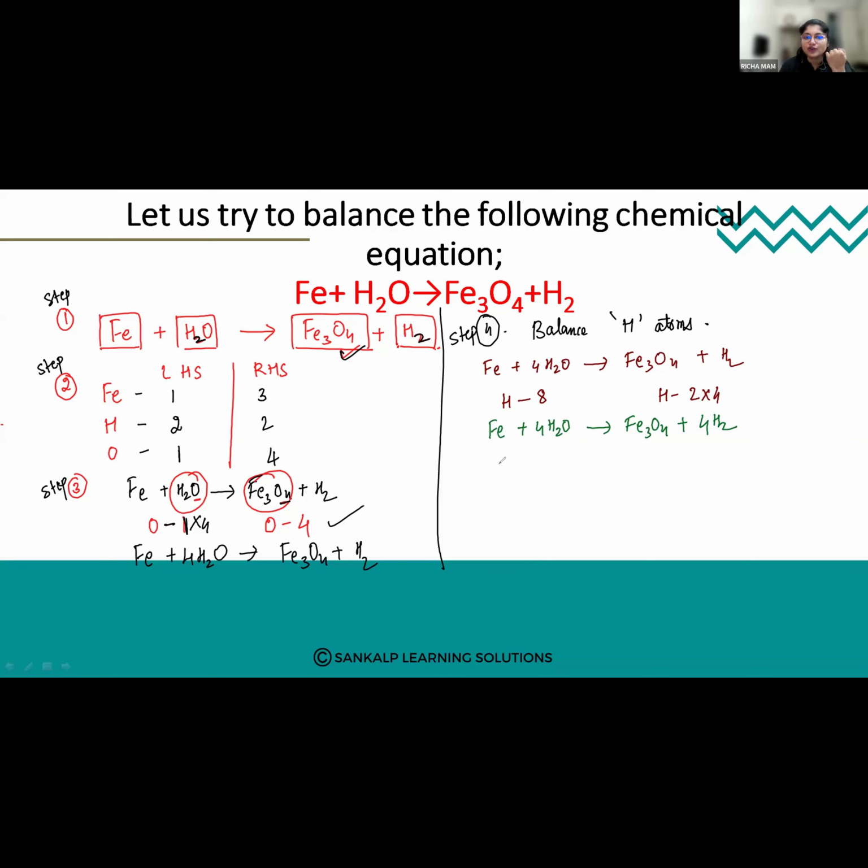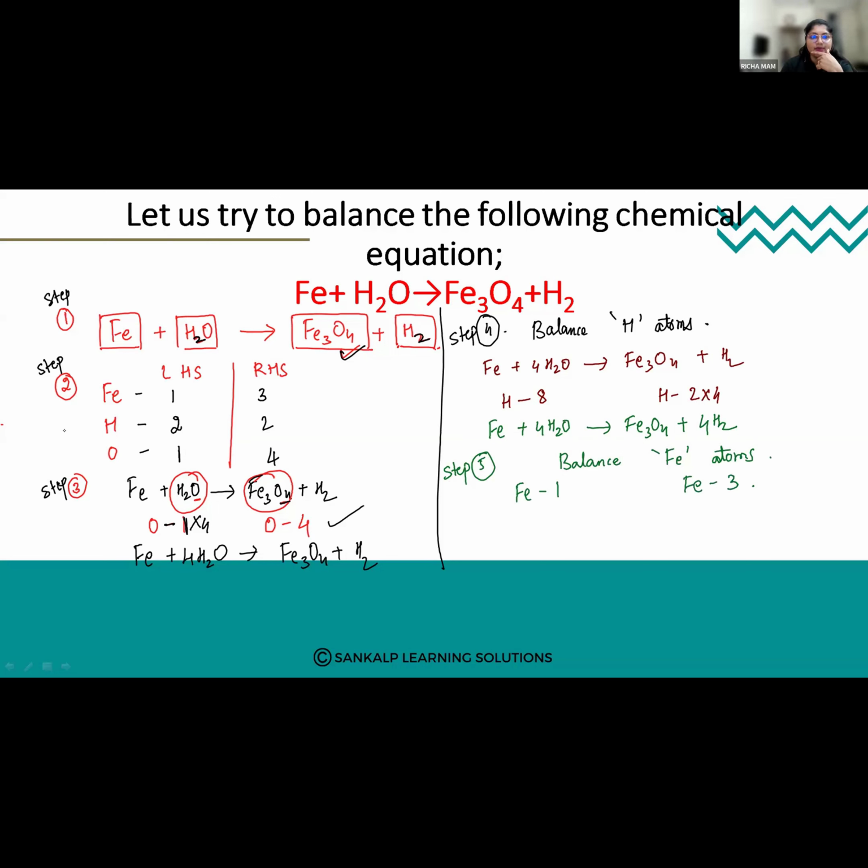Now what do we have to balance next? Step 5: balance the iron atoms. Iron on the left hand side is 1 and on the right iron is 3. So what do I have to do?